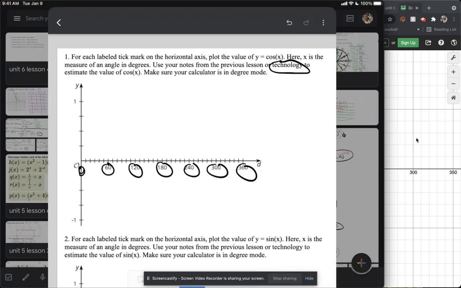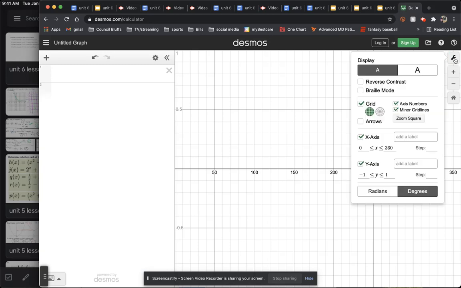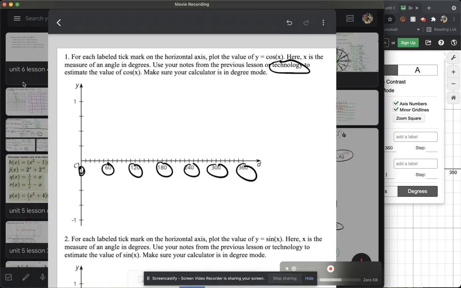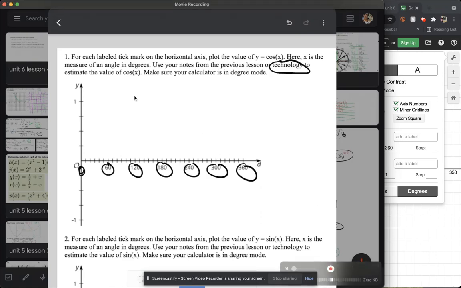All right, so I'm going to go to Desmos here. The first thing I'm going to do is double check that my calculator is in degree mode. Remember, degree has to be highlighted. And then I'm also going to change the window settings by clicking on the wrench, to exactly the same settings that are here.